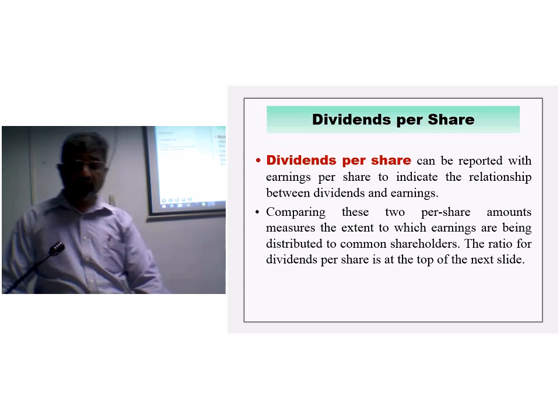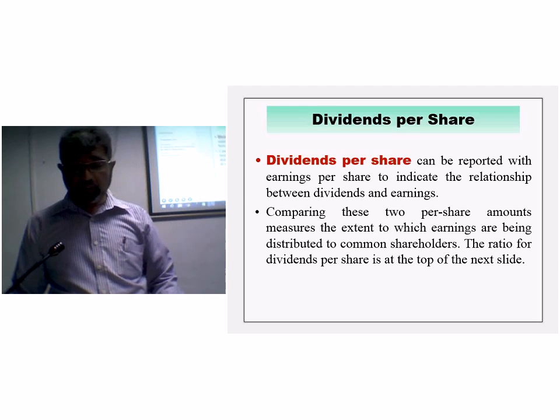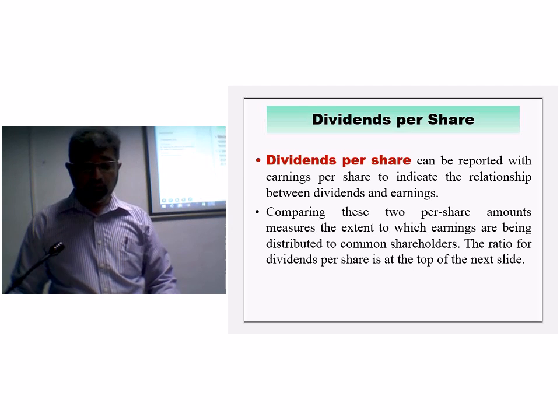Next important one is dividend per share. The dividend per share can be reported with the earning per share to indicate the relationship between dividends and earnings. This depends on the dividend payout ratio.